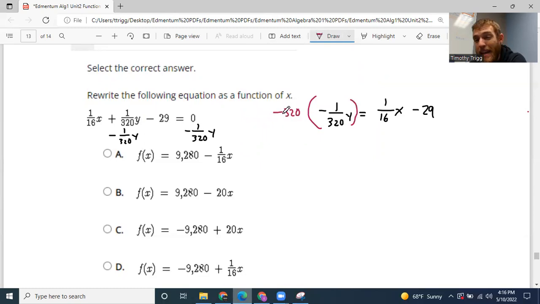I'm multiplying by a negative because a negative times negative makes positive, and I want a positive y over here. And these 320s cancel. But if I multiply this side by negative 320, I have to multiply the other side by negative 320 too. So this gets multiplied with both of these terms.